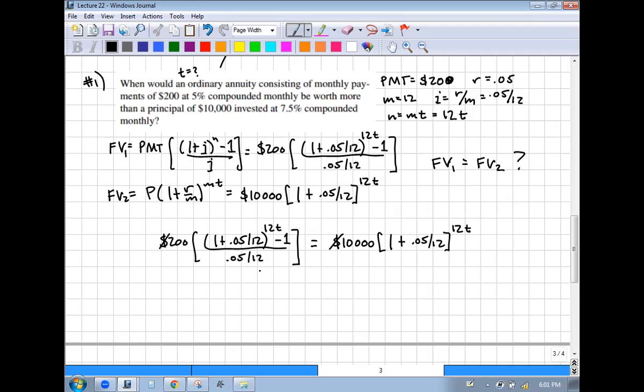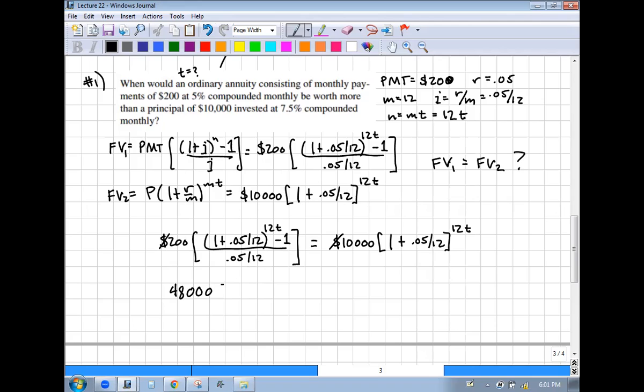Let's see, what is this? Let's get rid of some of these numbers just to make it easier to look at, right? If I take 200, divide by 0.05, and multiply by 12, this is just 4,800.